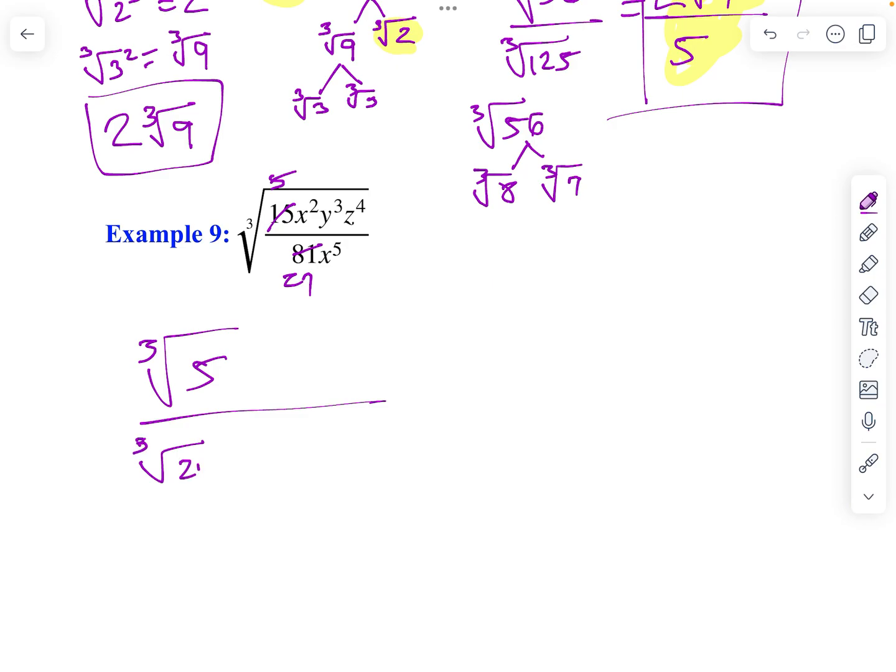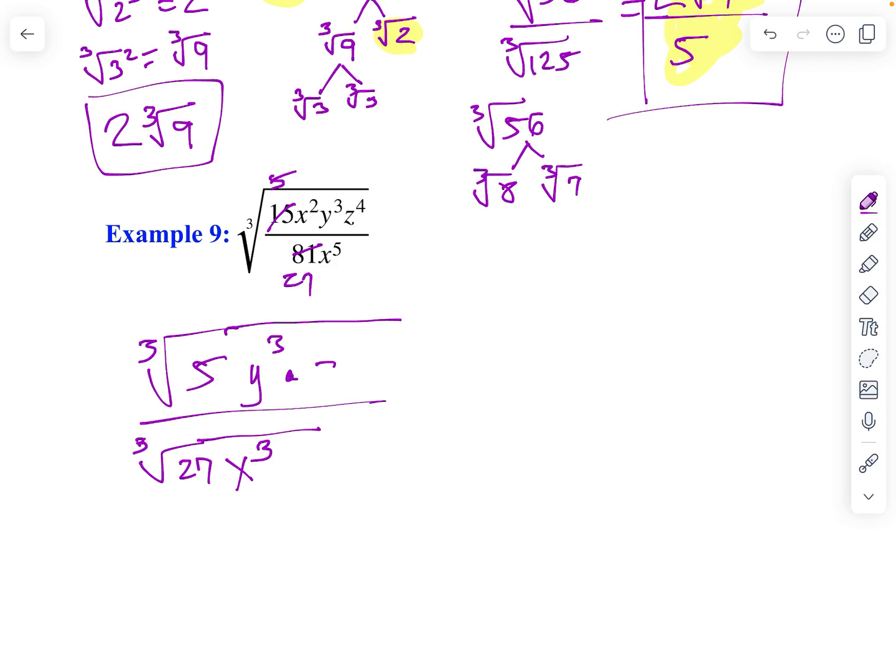Now, x squared and x to the 5th. I want to keep my exponents positive, so I'm going to say 5 minus 2 is 3. But it'll go in the denominator, because 5 is bigger than 2. I've got y cubed, and I'm going to split up z to the 4th because I want multiples of 3 now, not just even. So 3 is a multiple of 3, but 4 isn't.